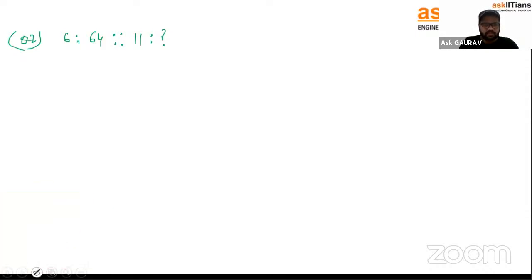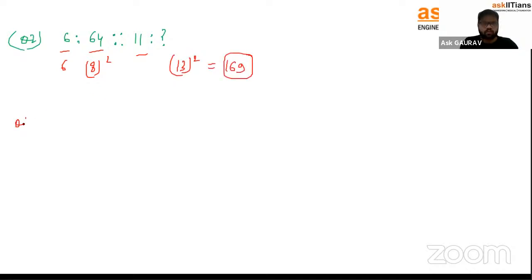Yes, 169 is the right answer. That's pretty easy. 64 is 6 plus 2, which is 8, 8 square. Then 11 plus 2 is 13, so 13 square is 169. So 169 will be the answer.